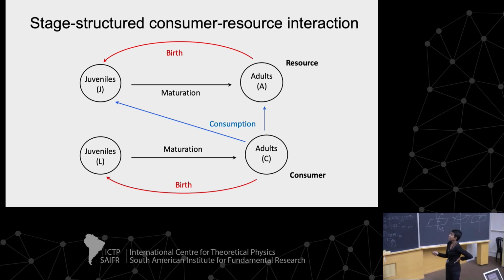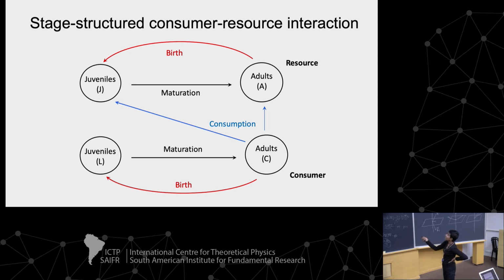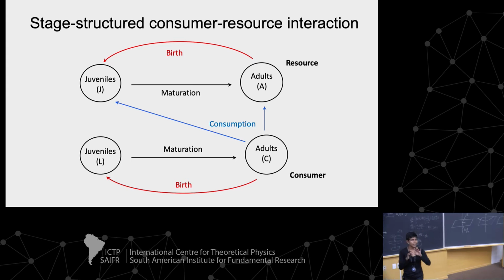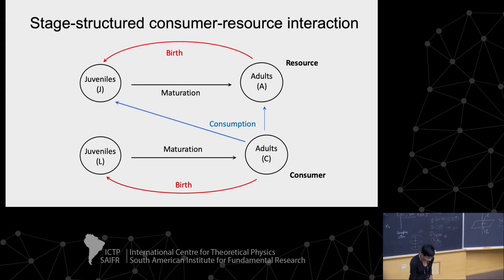So both the resource and the consumer have a juvenile stage and an adult stage. Of course, adults give birth to juveniles, juveniles mature into adults, and they die along the way. The consumer can feed on either the juvenile or the adult stage of the resource, okay? That's an important thing, so we allow that different feeding mode.